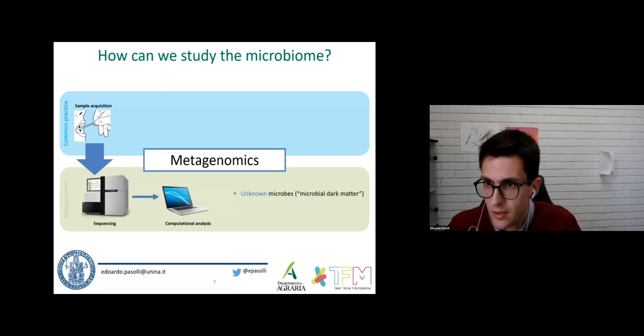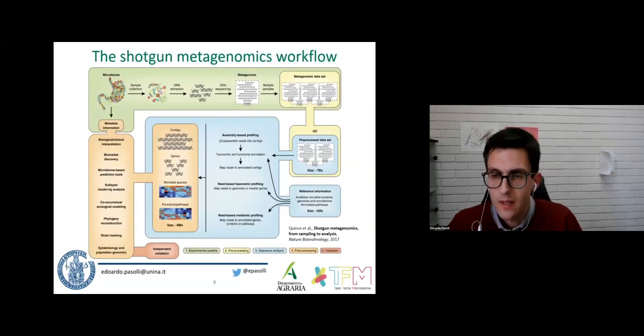We also have some potentialities with respect to the previous approach. We can potentially study unknown microbes. We can reconstruct not the genome of a single organism, but potentially multiple genomes from the same sample. And this is the starting point for our analysis.